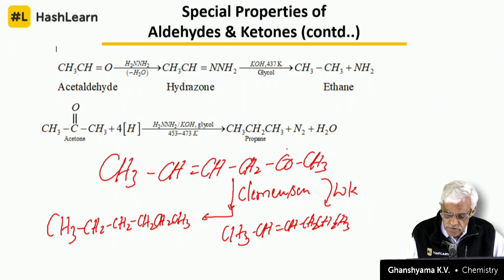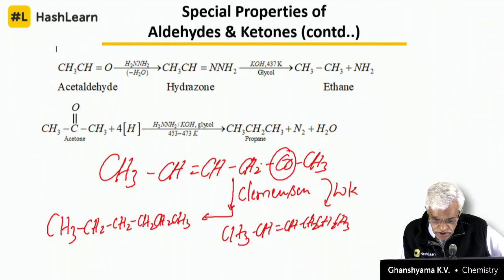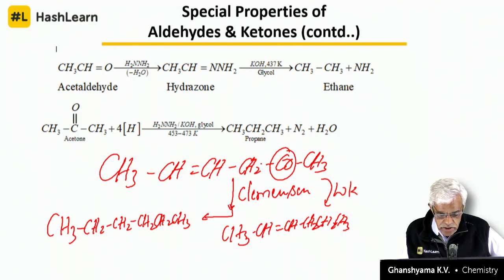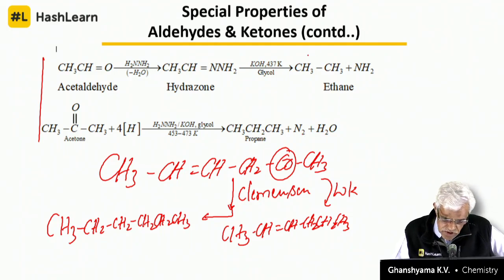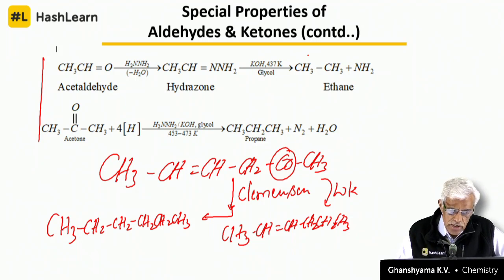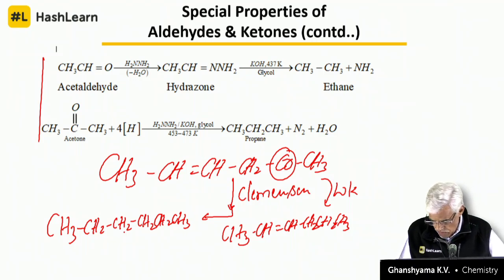It is specific, it will reduce CO into CH2. This is the advantage of Wolff-Kishner reduction compared to Clemmensen reduction. Products are the same, reduction is the same, reagents are different, and that is the purpose of using two different reactions, Wolff-Kishner and Clemmensen.